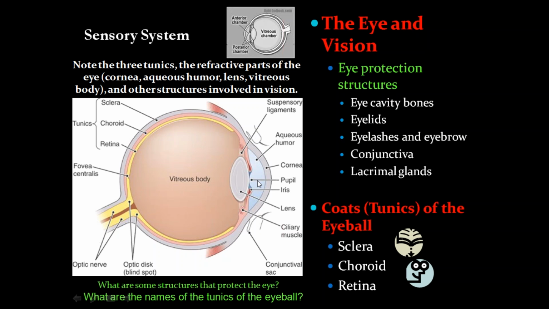Remember, the anterior chamber is going to have aqueous humor in between the cornea and the iris. Between the iris and the lens, we have the posterior chamber, and further behind, at the bottom of the eye, we have the vitreous body.